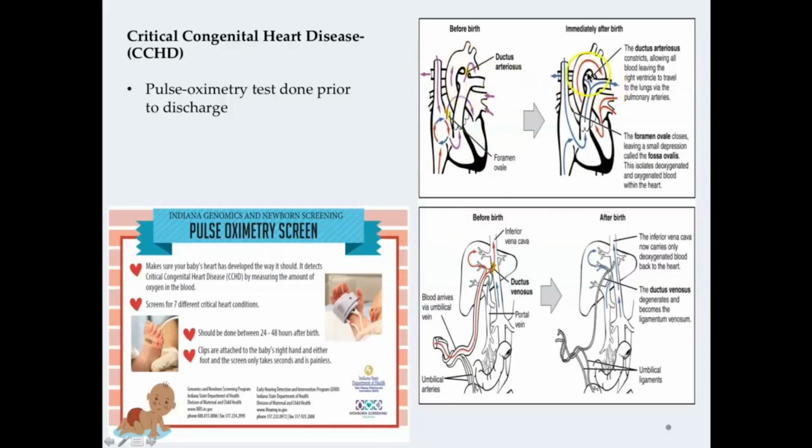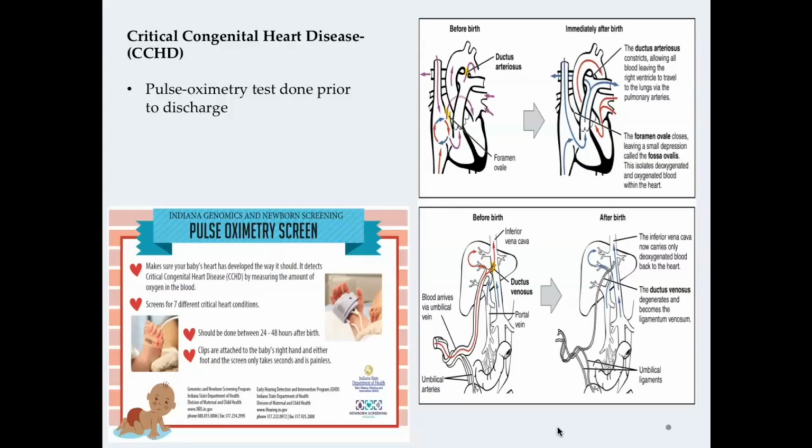And then after birth, they both close. Sometimes they don't close immediately after birth. Sometimes it can take up to 24 hours for these to close. It would just be up to the pediatrician whether he wanted any additional testing done or not.